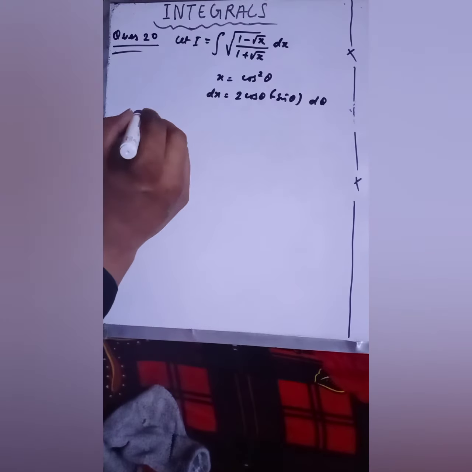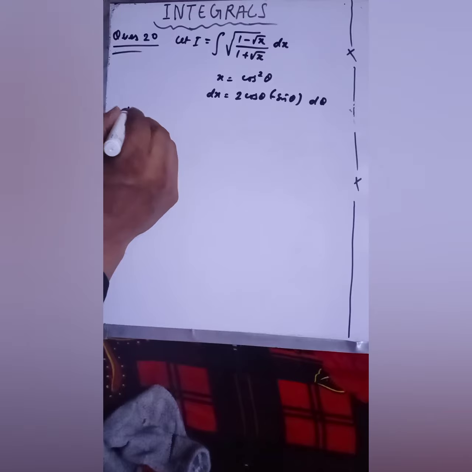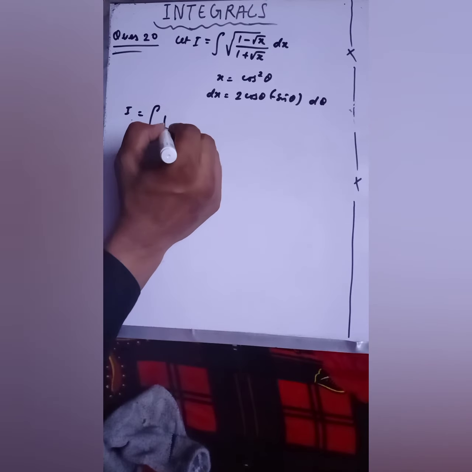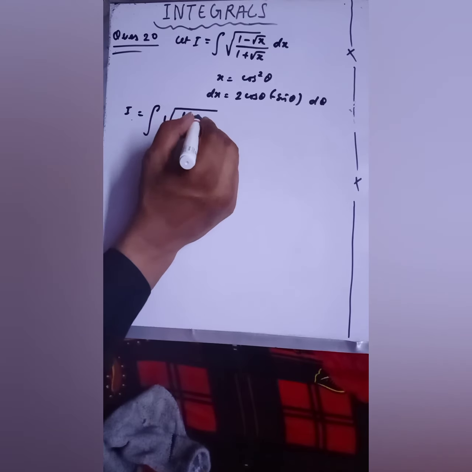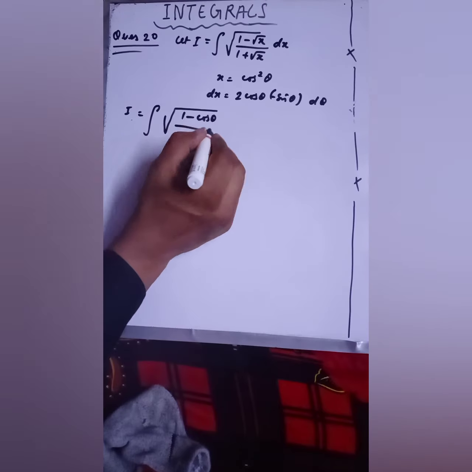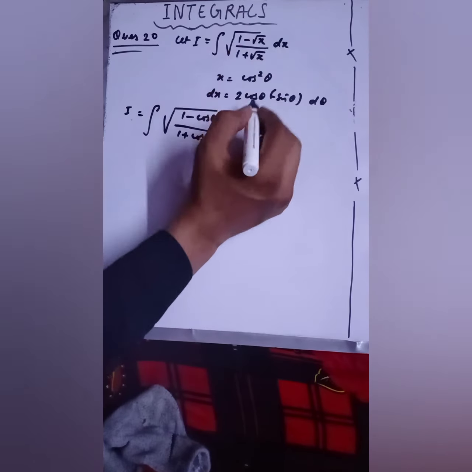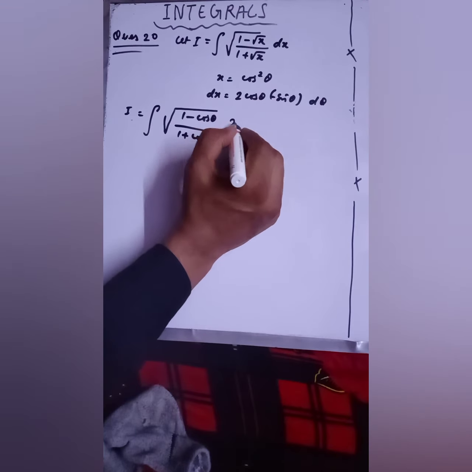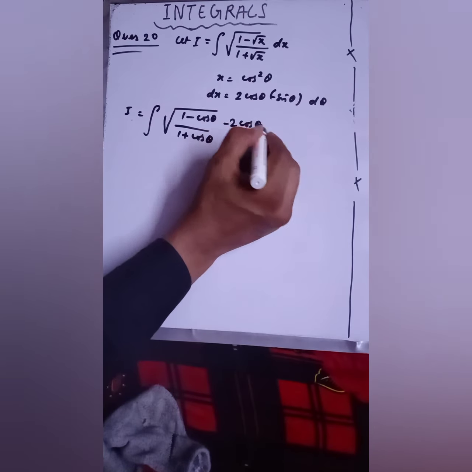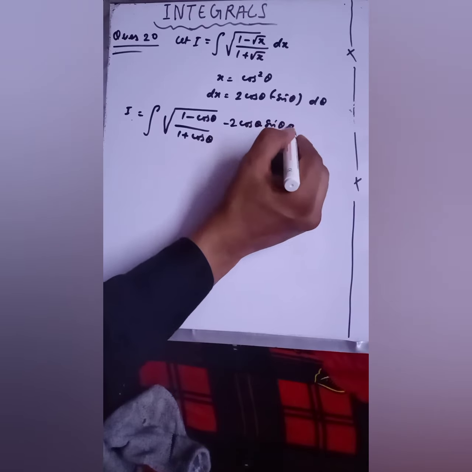So I'm putting this value here, so your I equals the integration of under root of 1 minus cos theta over 1 plus cos theta. In place of dx you have to put minus 2 cos theta sin theta d theta.